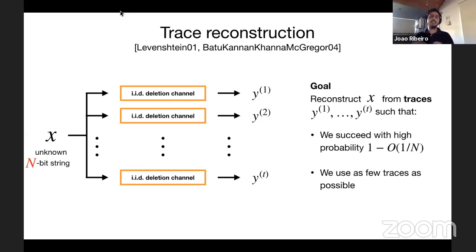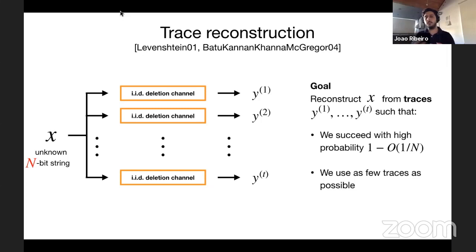Here the setting is that you have an unknown bit string X with n bits, and you send it through several deletion channels, and you produce several outputs. So you have T outputs, which you call traces, Y1 through YT. Your goal is to devise a reconstruction algorithm that, given the traces, first recovers X with high probability.